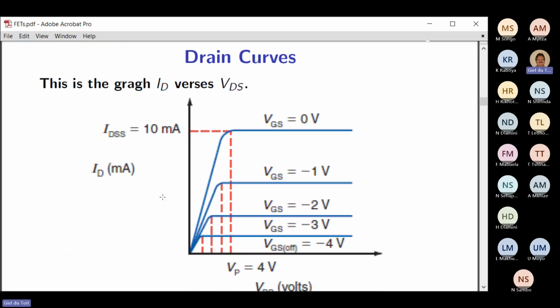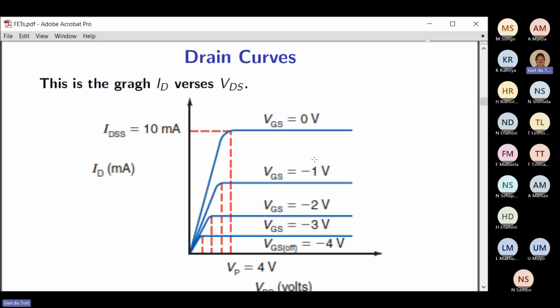All right, we already looked at the graph for the drain curve. This is the current through the drain source. So that current is 10 milliamp in this case, when we've got 0 volt on the gate. I said it's on and the current flows.